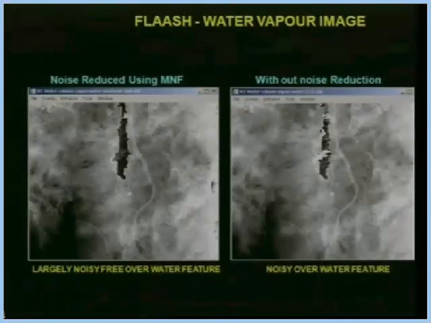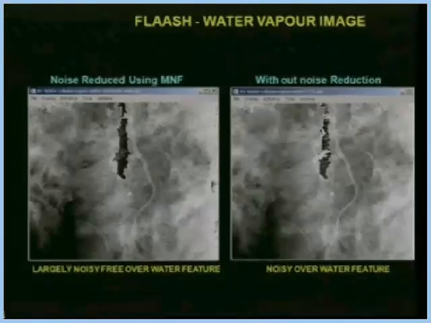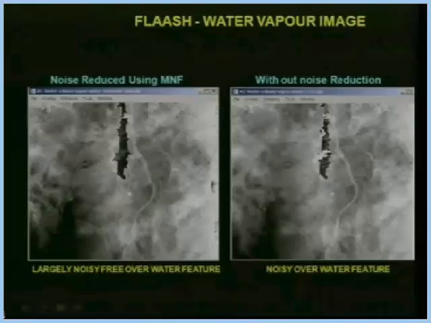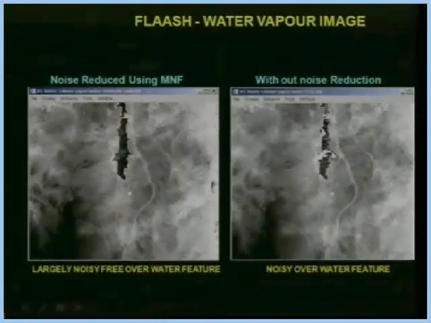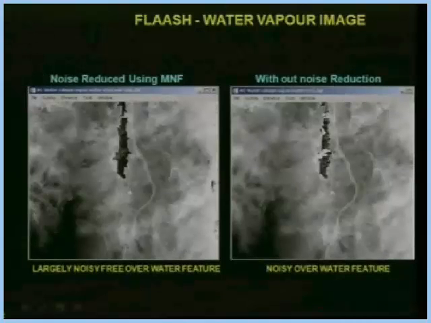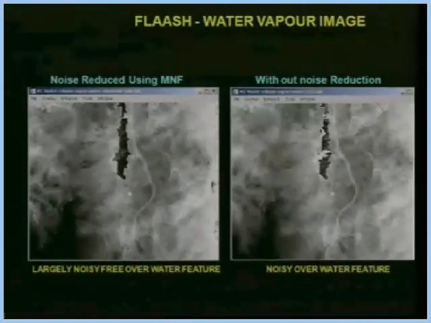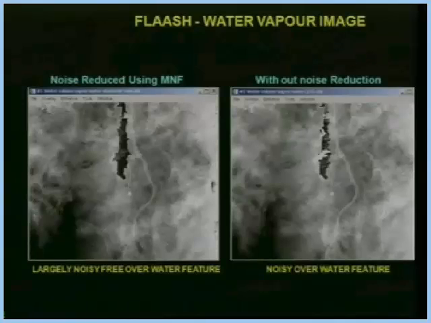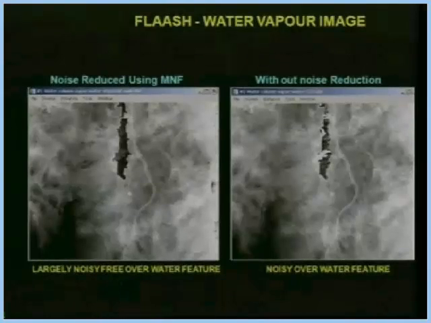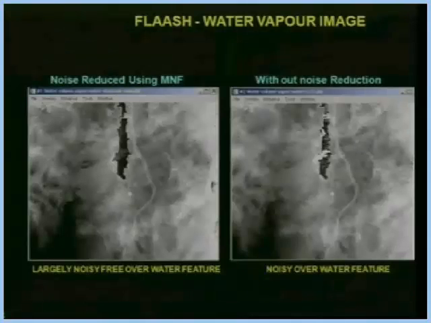Keeping that electronic noise, we have tried to reduce the atmospheric noise, and you end up with a significant amount of artifacts over the homogeneous water body area. So when you are trying to do information extraction, it is essential to lay down the processing steps. What is your end goal? How do you go about performing the activities in accordance with your desired result?